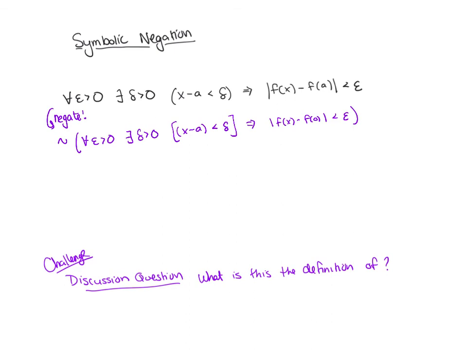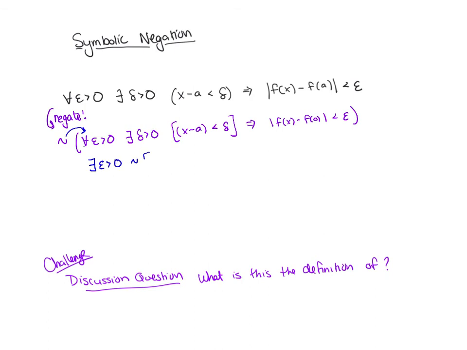So I'm trying to negate that whole sentence. We're going to go step by step here. First I'm going to negate the for all. Whenever we negate a for all, we just change it to a there exists. And the thing that comes after it stays the same.